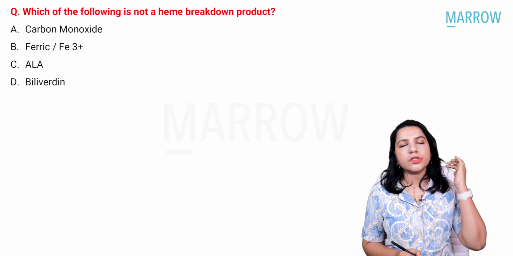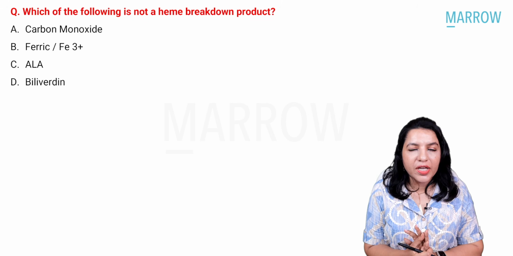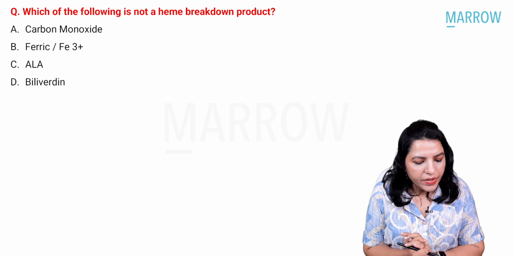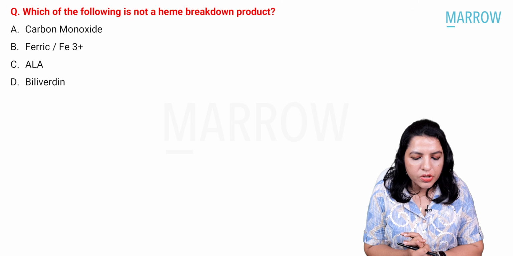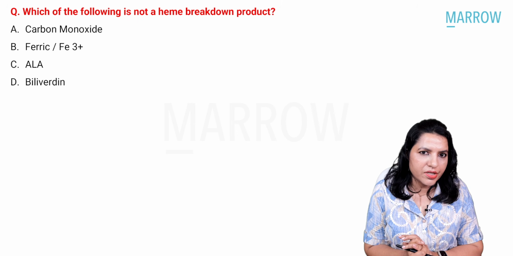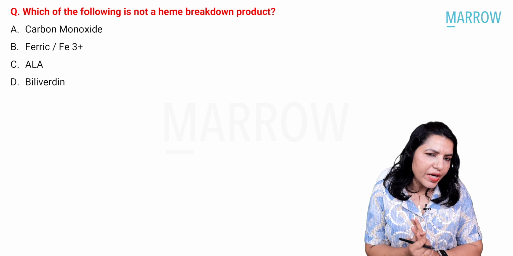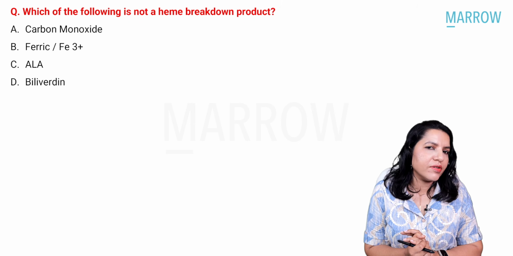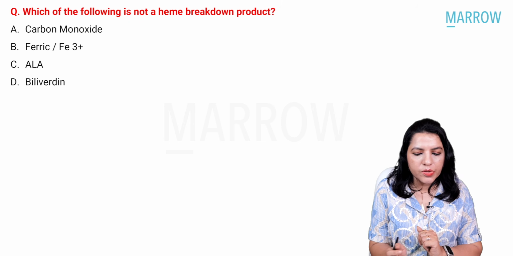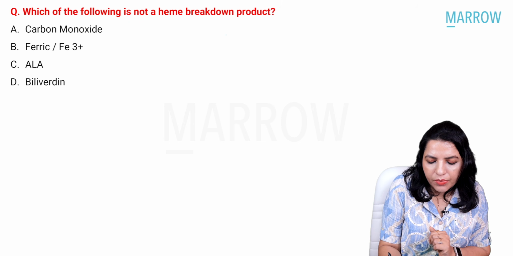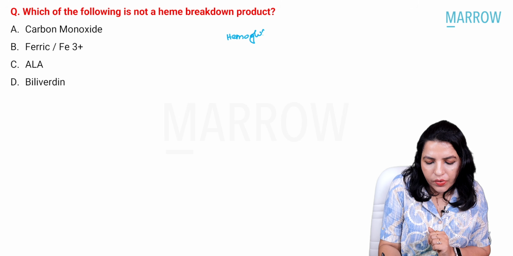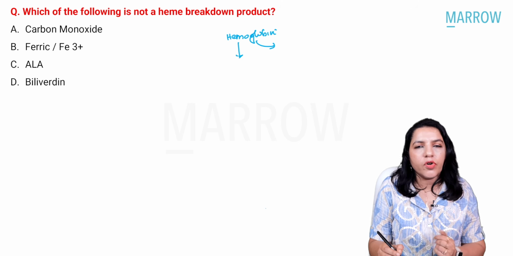So the next question was about heme catabolism, which asked which of the following is not a heme breakdown product. If we just see the very first step of heme catabolism itself, we can see all these products. We know that hemoglobin, if it is undergoing lysis, then globins are released, and what we have is heme.